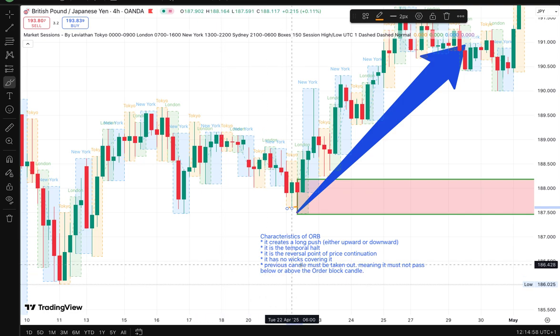The next one is the previous candle must be taken out, meaning it must not pass below or above it. This English is too much.